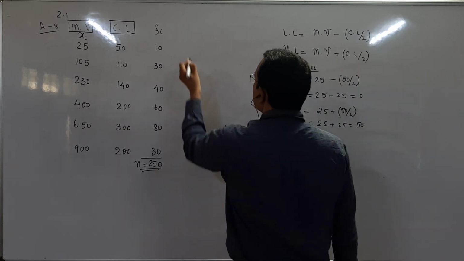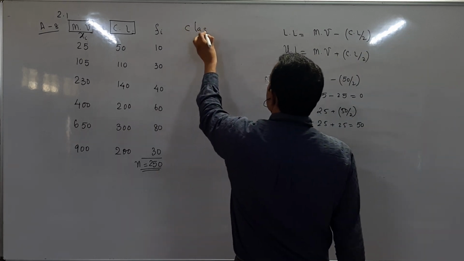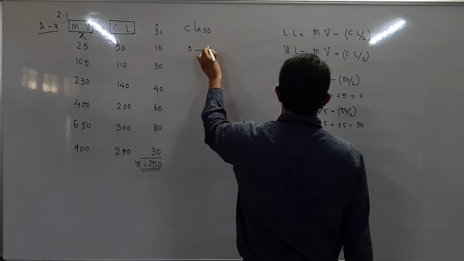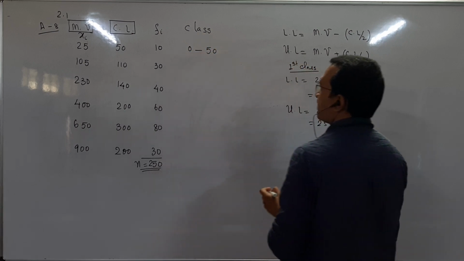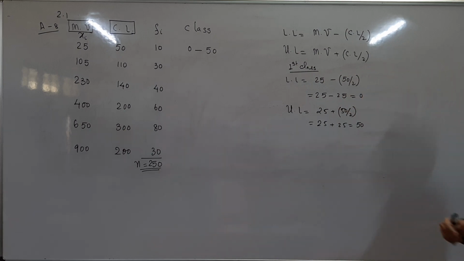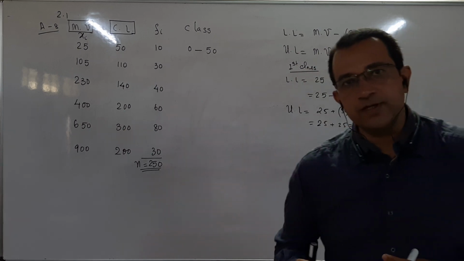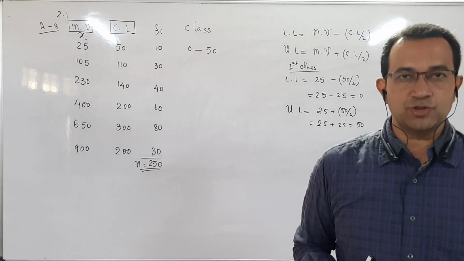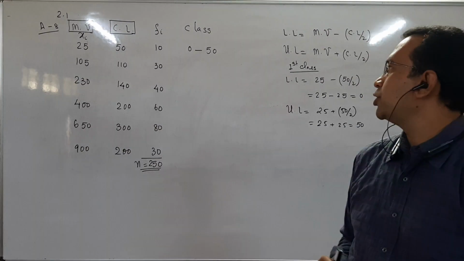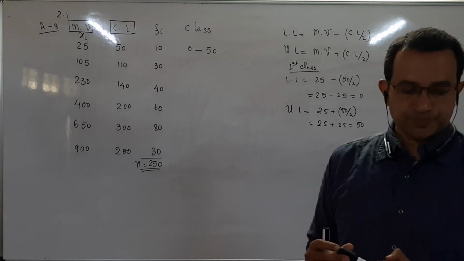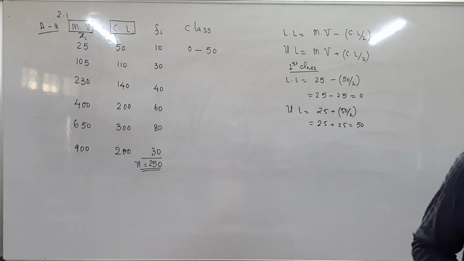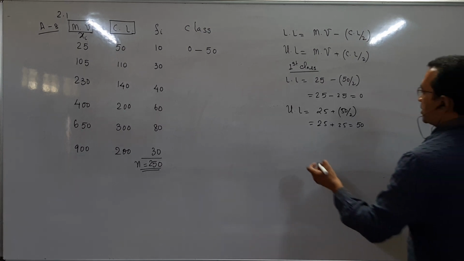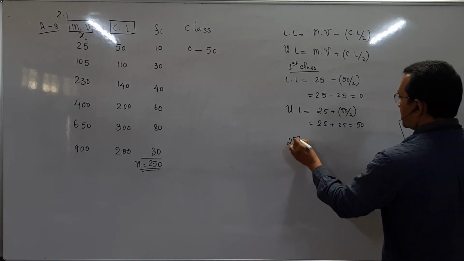So when I am writing classes, my first class will be 0 to 50. Check: if you take mid value, it is 0 plus 50 divided by 2, which is nothing but 50 divided by 2, and that gives us 25. Now students, for the second class, I am showing here second class.